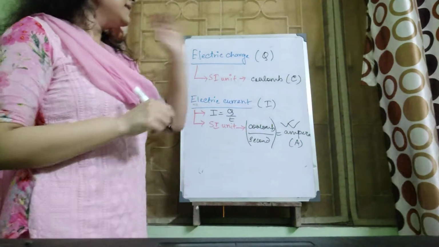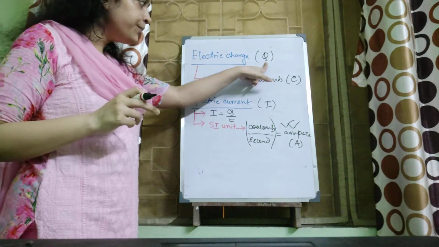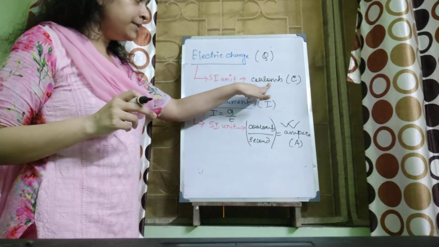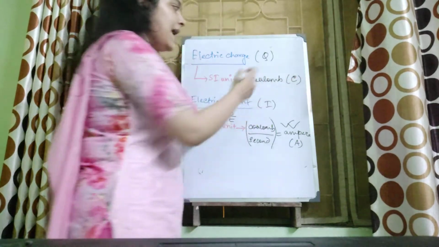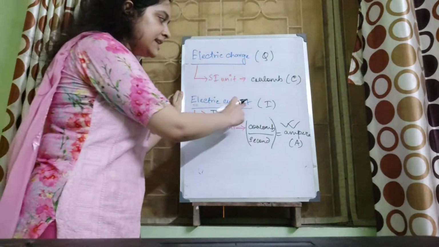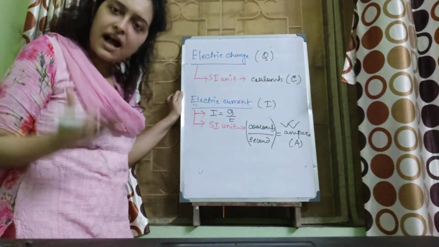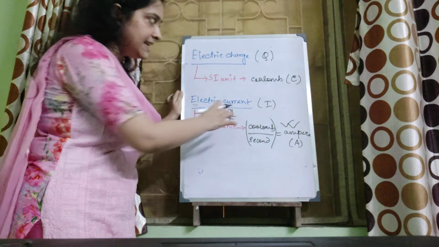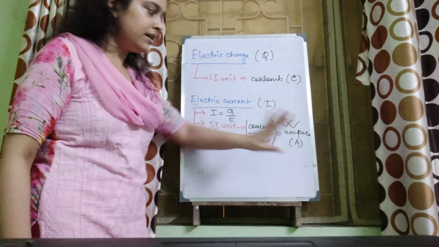Now just see again. Electric charge, we denote it with Q. SI unit, Coulomb. Since it's the name of the scientist, capital C abbreviation. Electric current denoted by capital I. What is it? The rate of flow of charge. So Q by T. What is the SI unit? It's ampere.